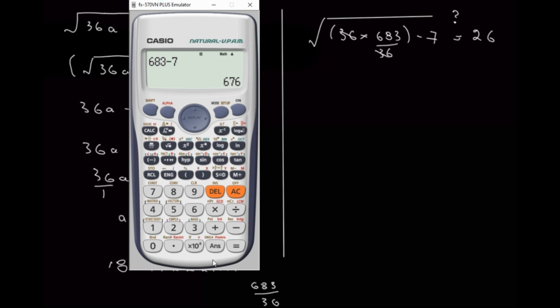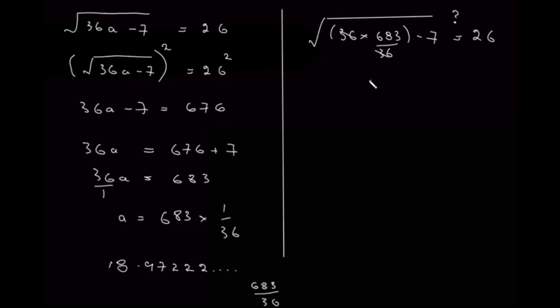Right? Now, the odd thing about this, it's got an answer button, which means it will use that. If I go square root of answer, it gives me 26. So all that lot there becomes 26, which indeed does equal 26.